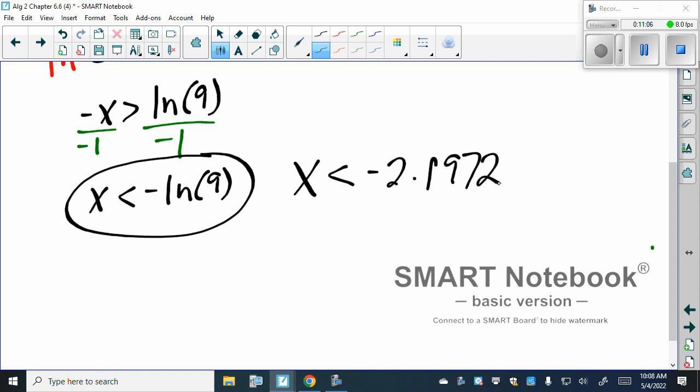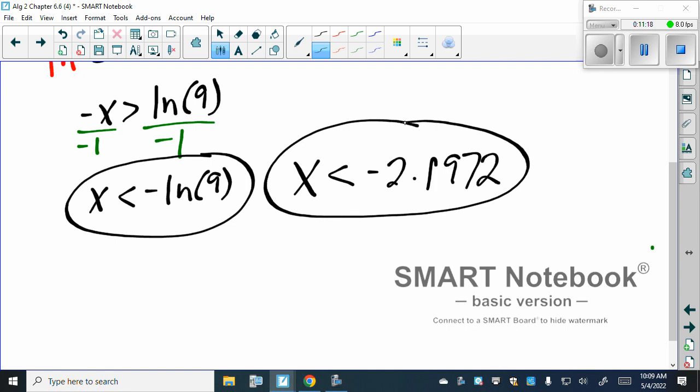Go on and approximate it, but I will say this: don't give me just one, give me both. So I'll be checking this here, and then I will check this here.